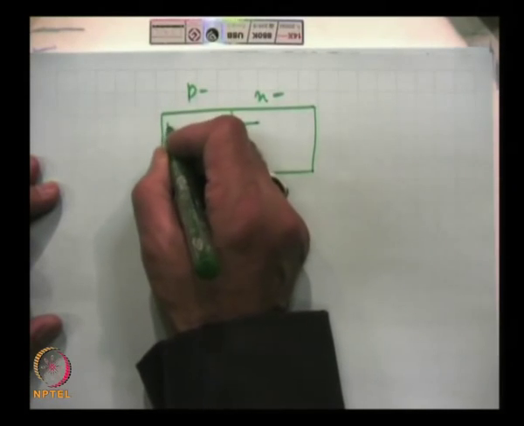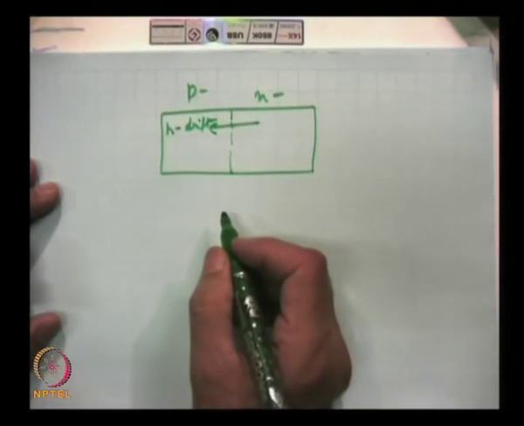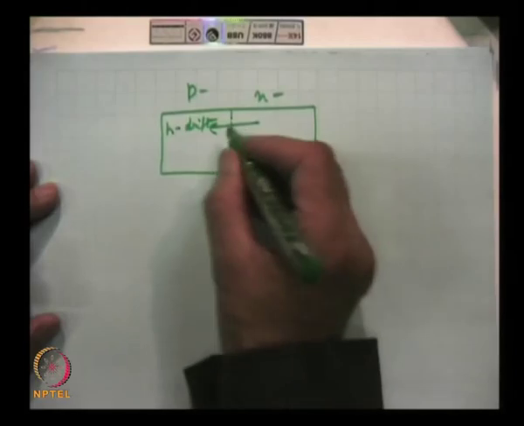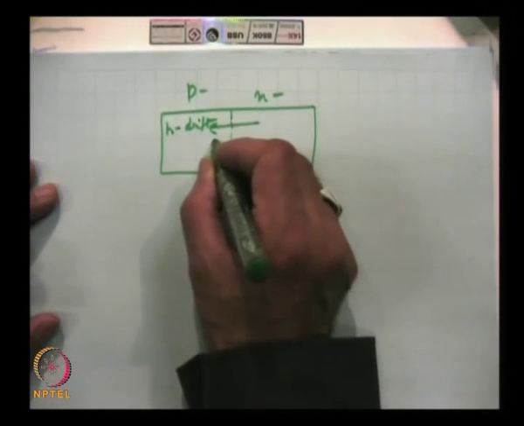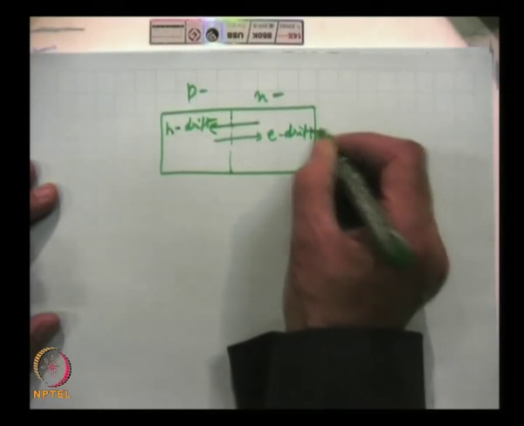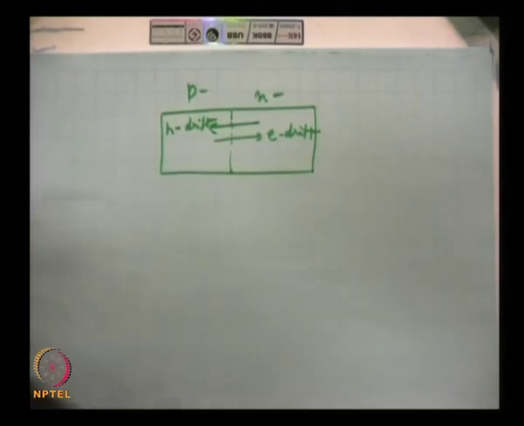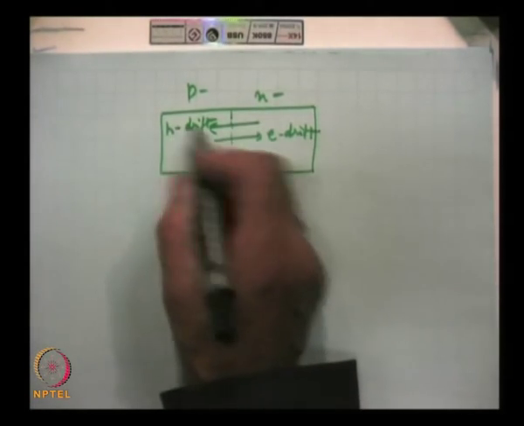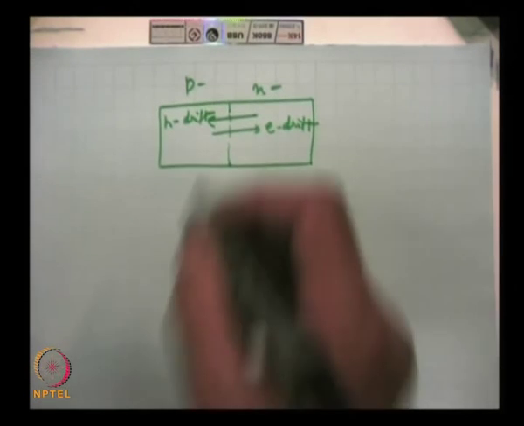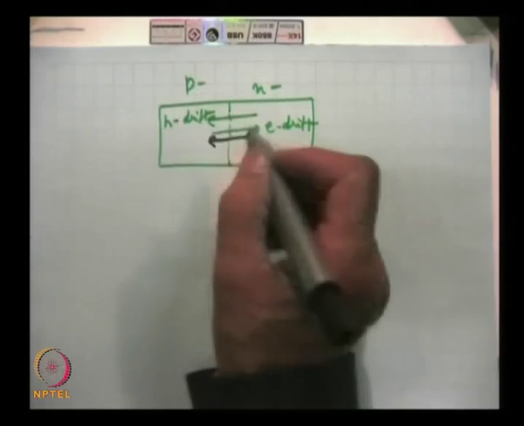This is hole drift current and electron drift. So, there is a drift current in the direction of the drifting holes.